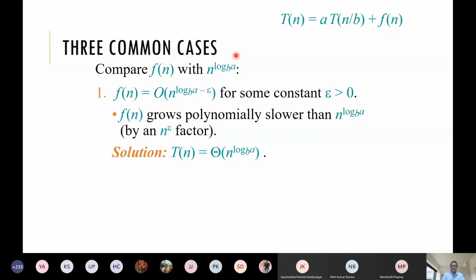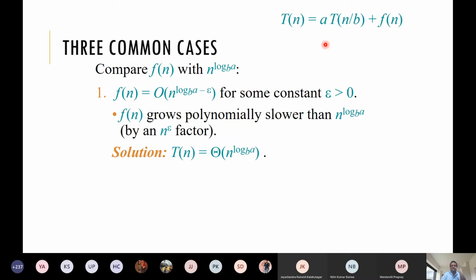Intuitively, n to the power log a base b is the total cost of recursively solving all the subproblems, that is how much time we spend there, and f(n) is the cost to merge them once we have the solutions of all subproblems. That is the top level merging cost. Now the question is which is more. That is the dominating cost, and that will be the runtime of the algorithm.